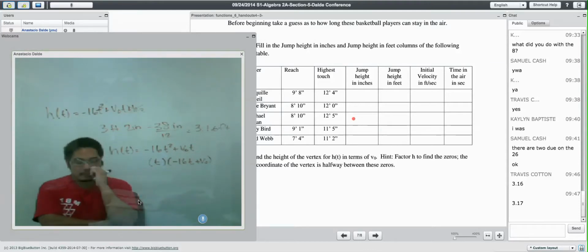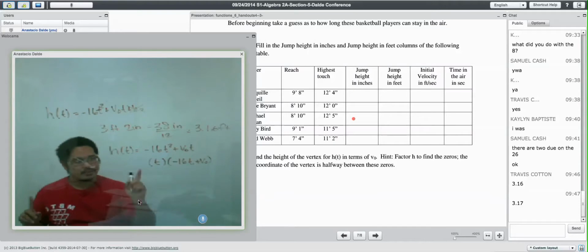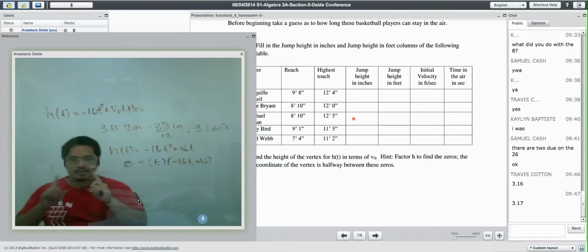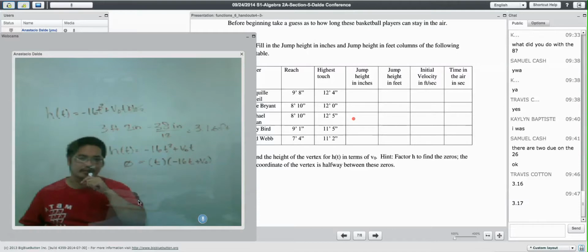And then I'm going to set this equal to 0 because I want to figure out at what times this person is on the ground. Does that make sense?